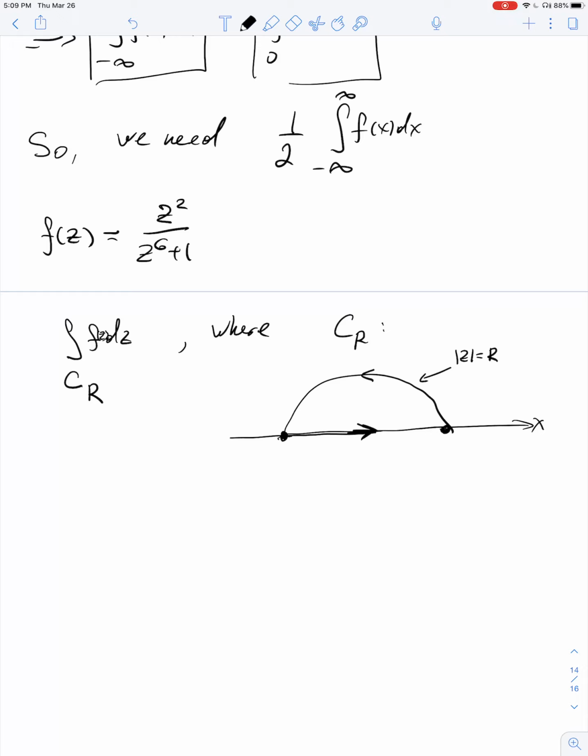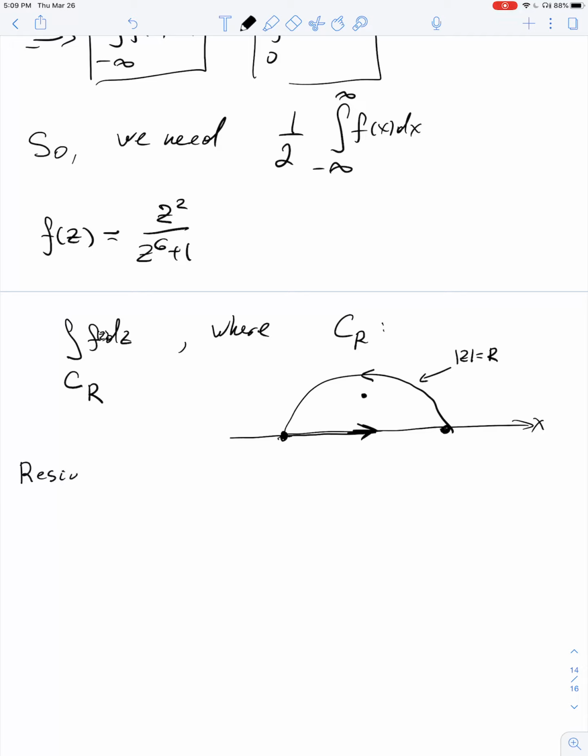Alright, so we know that this integral over C_R is 2 pi i times the sum of residues inside the contour. So let's count how many residues we have. Okay, so we have the residue at z equal to i, and then we have several more. So we in fact need the sixth roots of -1.